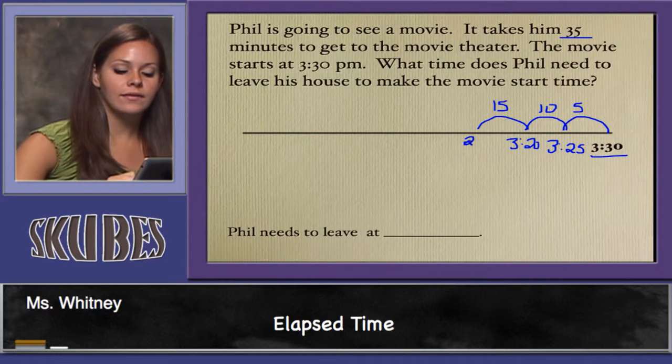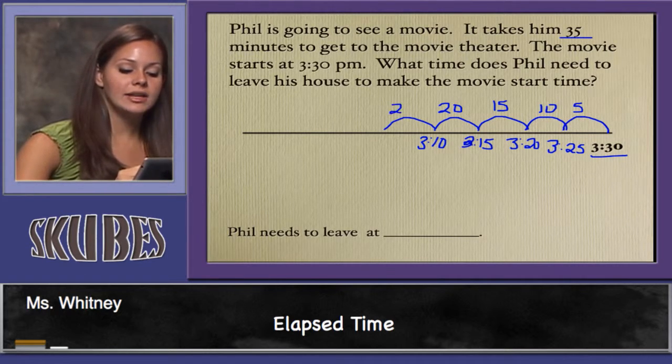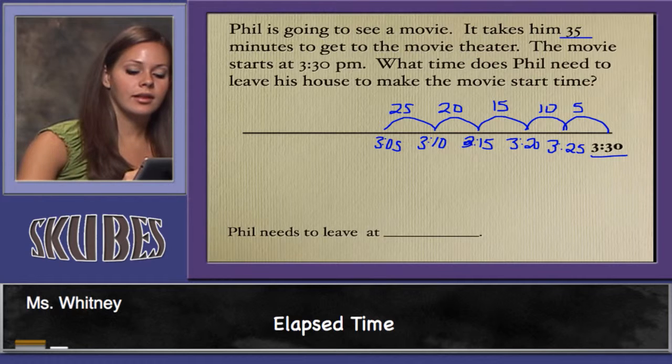It will be 3:15. Another 5 minutes. It will be 3:10. Another 5 minutes. It will be 3:05. Another 5 minutes. It will be 3 o'clock.